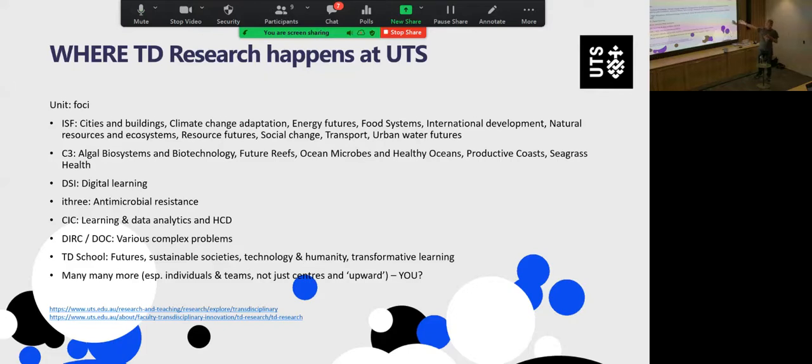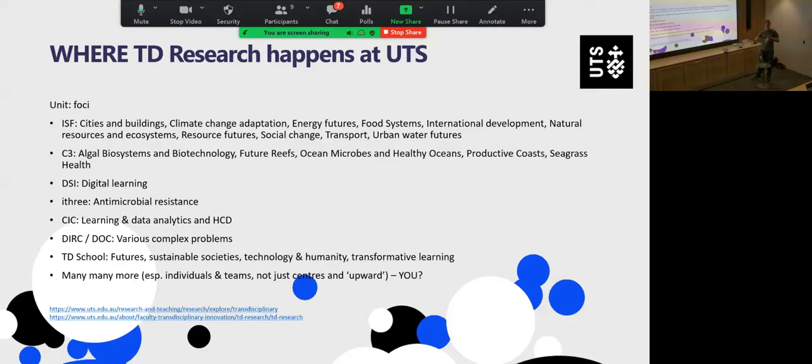So ISF is quite well known in this space, more on the approach of sustainability and energy. You've got the climate change cluster that has their own, I guess, context in which they apply it. The Digital Science Institute has a project in there that's more around digital learning.